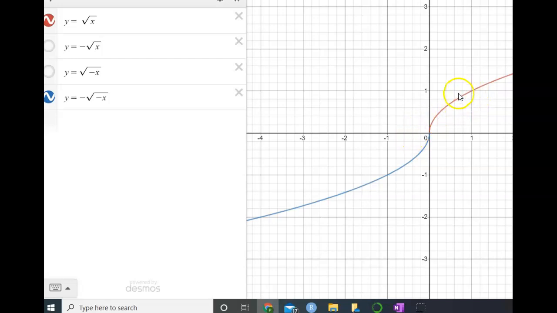Since we're changing both, for example, this point here at (1, 1) is reflected across the origin and is now here at (-1, -1). So when you have those two reflections, you could call it a reflection across the origin.